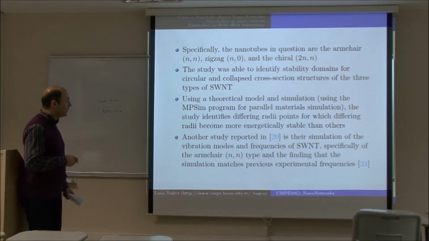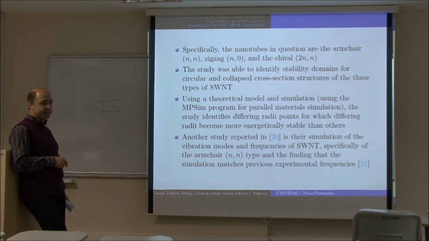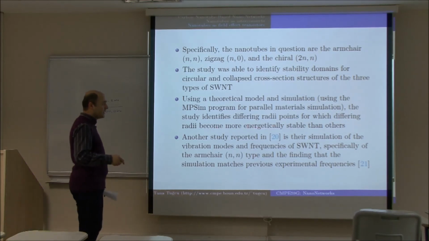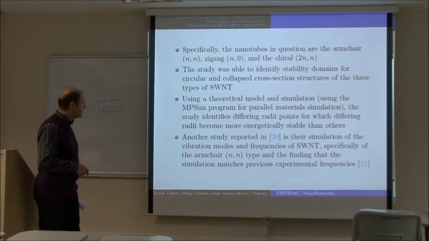And using a theoretical model and simulation, the study identifies the radii for which different structures become more energetically stable compared to the others. So, which radius you should be working with.